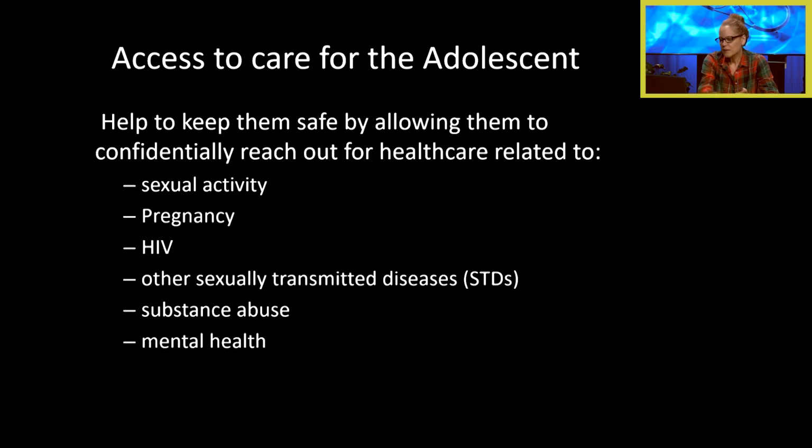So what we've done is we've made access to care for the adolescent, and we've put some rules into play to help keep them safe by allowing them to confidentially reach out for health care related to sexual activity, pregnancy, HIV, other sexually transmitted diseases, substance abuse, and mental health.